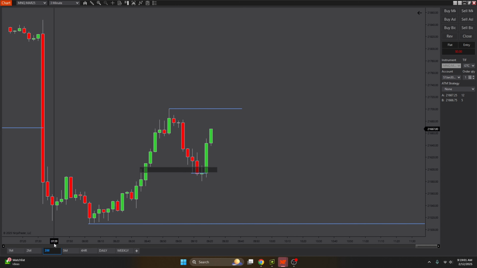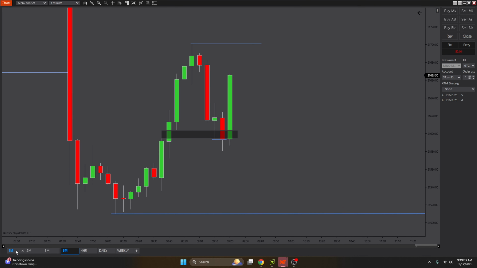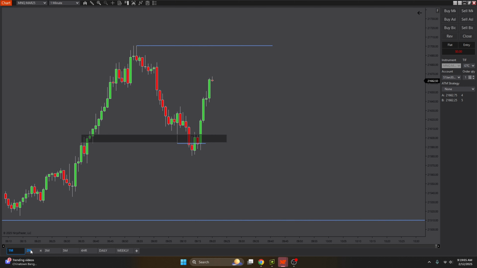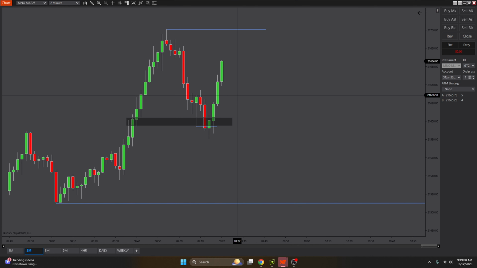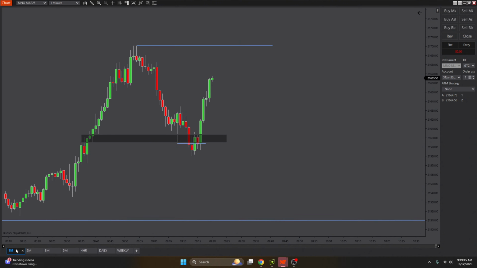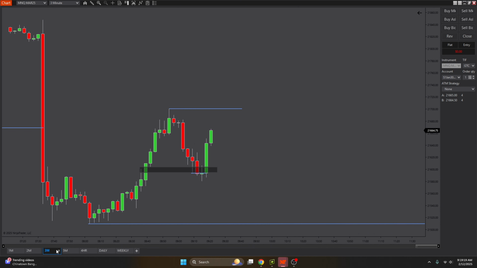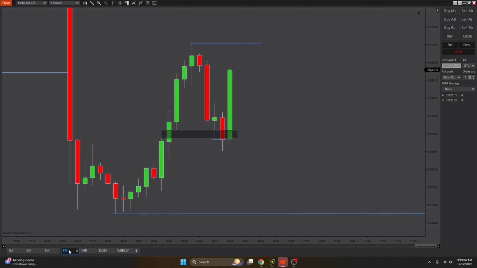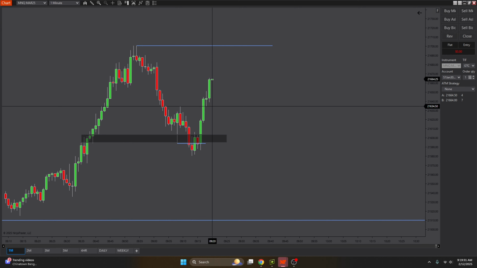Pushing up real nice and strong. May not get a fill here, and that's fine. We're looking to get filled right here on 34.50.